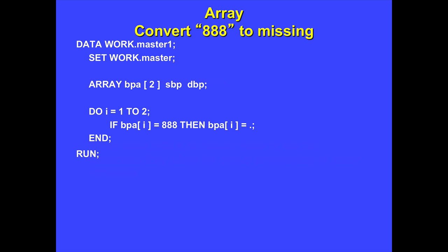So let's take a look at some sample code here. Here we're working with, again, the master data set. You can generate the master data set in the SAS editor file that was provided for this lecture. So we're creating a new output data set called work.master1, starting from the input data set work.master.